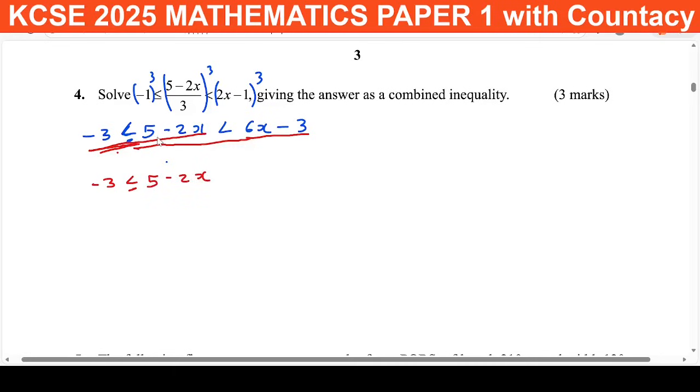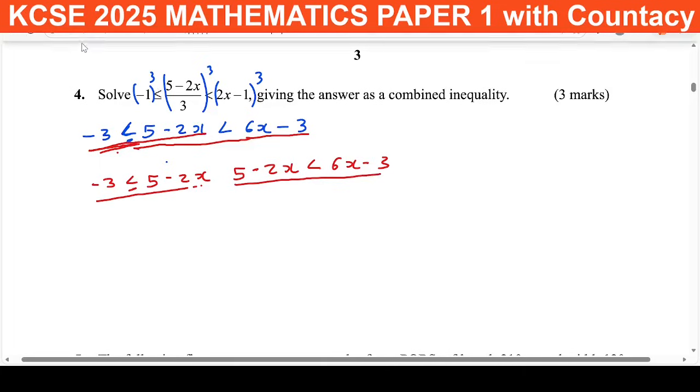And similarly, we also retain this. It's kind of like this figure over here has been duplicated. Therefore, on the right side, we're also going to have 5 minus 2x is less than 6x minus 3, such that we have two inequalities. We have the first inequality there and also the second inequality there.